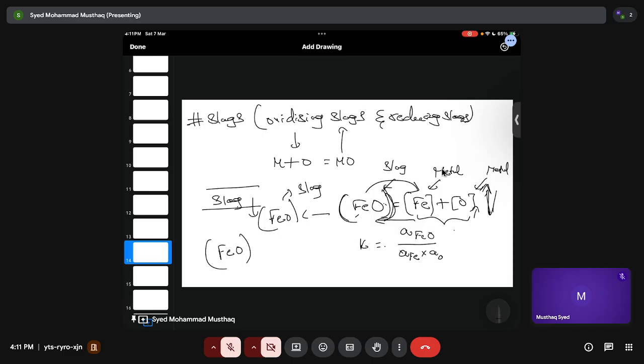So in your steel making process, slag can be highly basic and highly oxidizing, or highly basic and highly reducing. These two can happen in your steel making. It depends upon your FeO content. If your FeO content is large, then you call it an oxidizing slag. If FeO is less, then you call it a reducing slag.